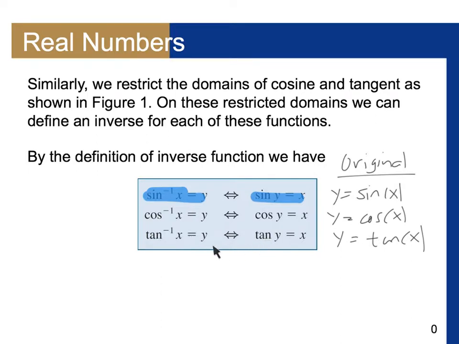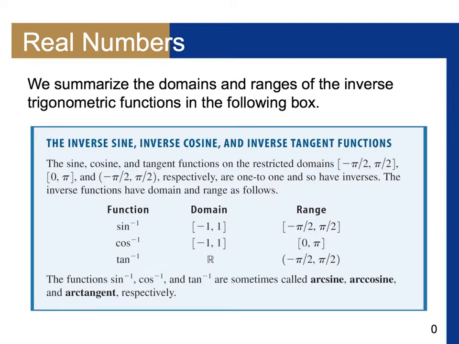So remember, these are exactly the same. These mean the same thing for each of those. Let me just highlight that. Inverse tangent, we already looked at this in 5.5. So just to summarize, inverse sine, cosine, and tangent functions have restricted domains.